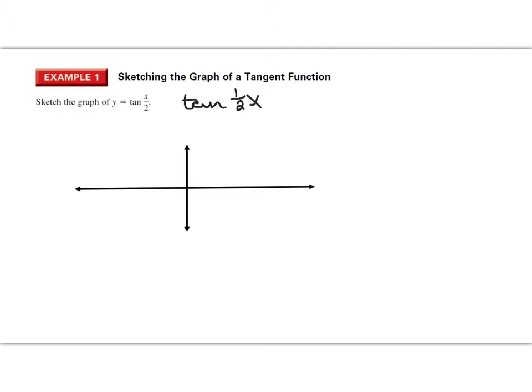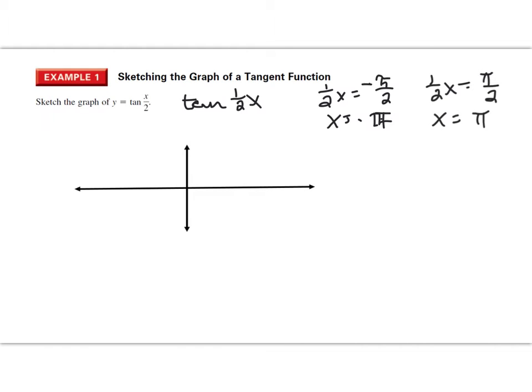So what it's really affecting is your period. To find our endpoints, remember that we take 1/2 x and set it equal to negative pi over 2, and then take 1/2 x and set it equal to pi over 2, because those were our two endpoints there. And so we end up with x equals negative pi and x equals pi.